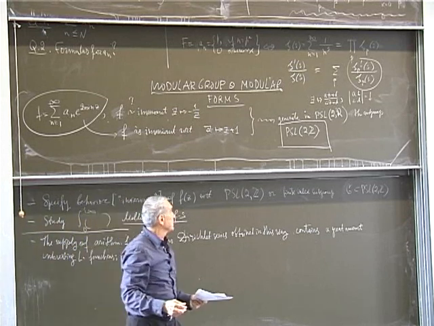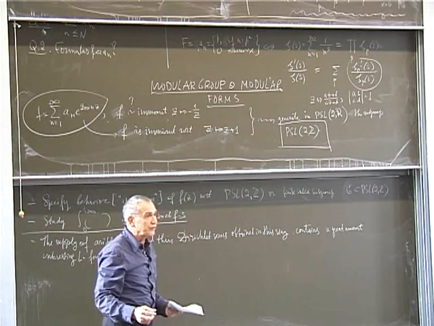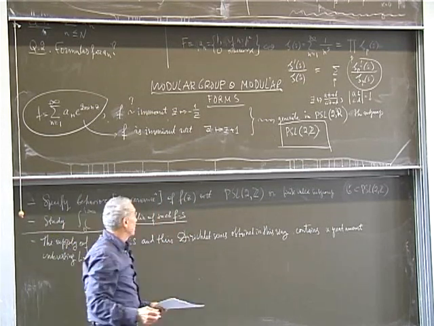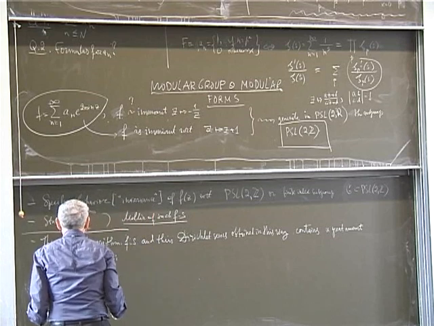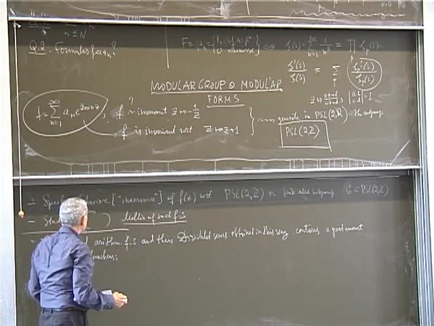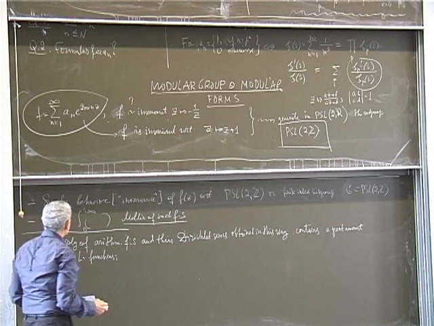And this is, of course, essentially what allowed Wiles to prove Fermat's theorem. So we get already quite an unexpected and very interesting class.